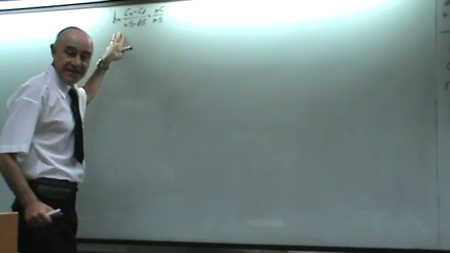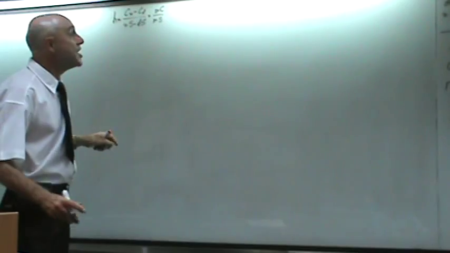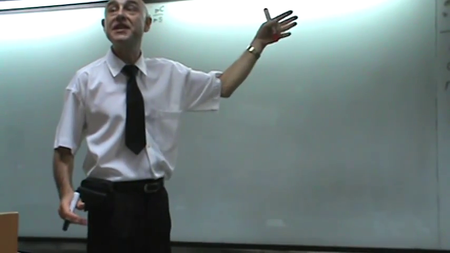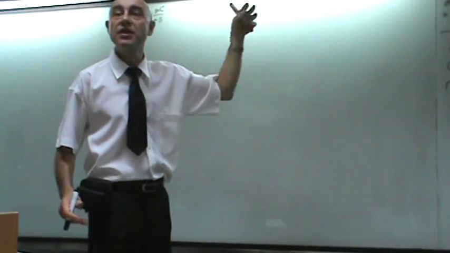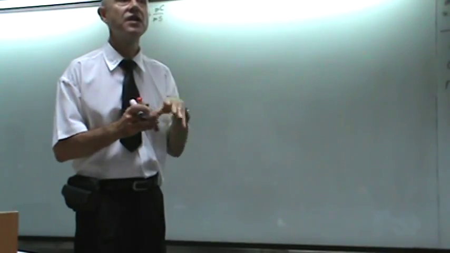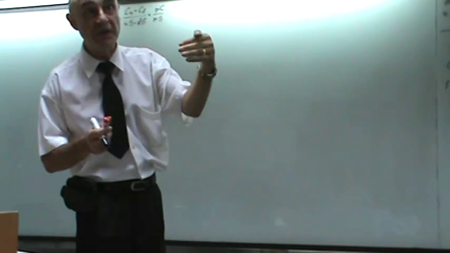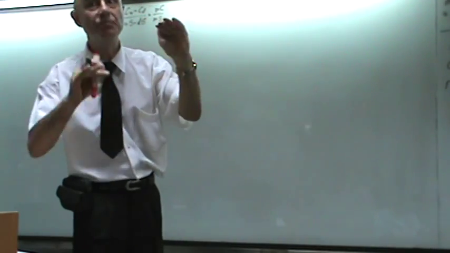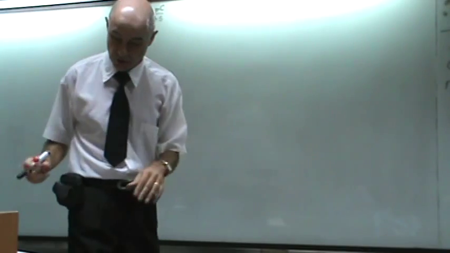Now here's the second piece which we have. If you have a riskless portfolio, the return on the riskless portfolio should be 1 plus R, the risk-free rate, times the initial value. So let's try to do this.